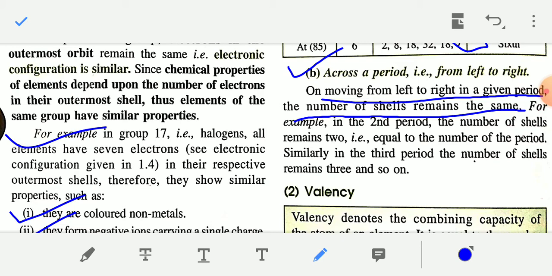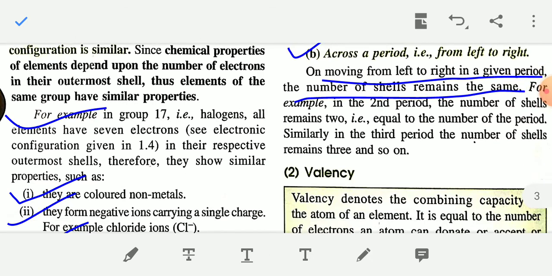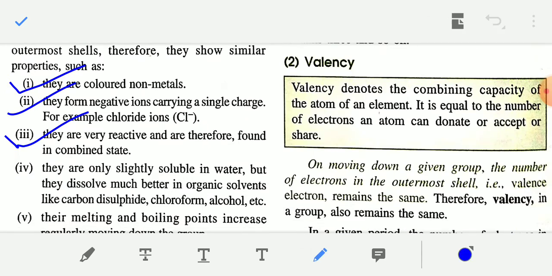For example, in the second period, the number of shells remains 2, equal to the number of the period. Similarly, in the third period, the number of shells remains 3, and so on. So across a period, the number of shells does not change.